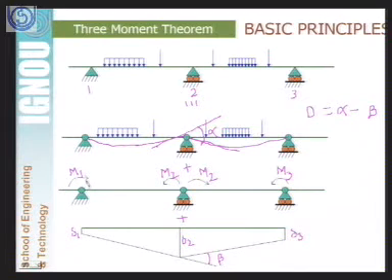So because of M1, M2 and M3, the relative rotation at node 2, plus the rotation because of these loads on the simply supported beam and sinking of supports d, the sum of all should be equal to 0, because there is no relative rotation at node 2 in the continuous beam.